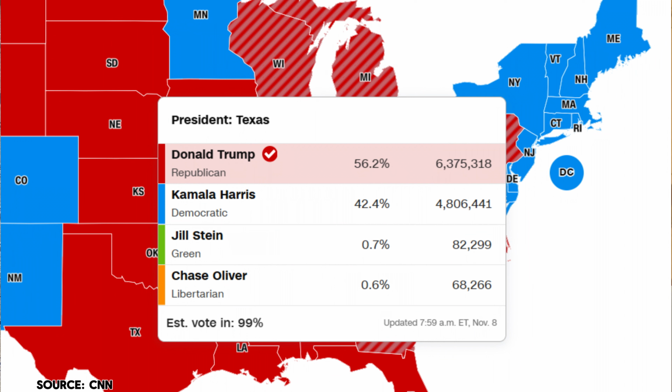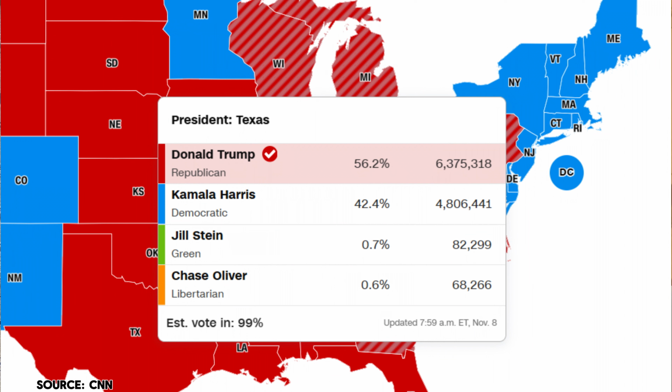Altogether, there are 538 electors across the USA. So, for a candidate to be declared the winner of the presidential race, the person should be able to attain 270 electoral points to be able to sit in the Oval Office, which is more than half of the total number of electors in the country.